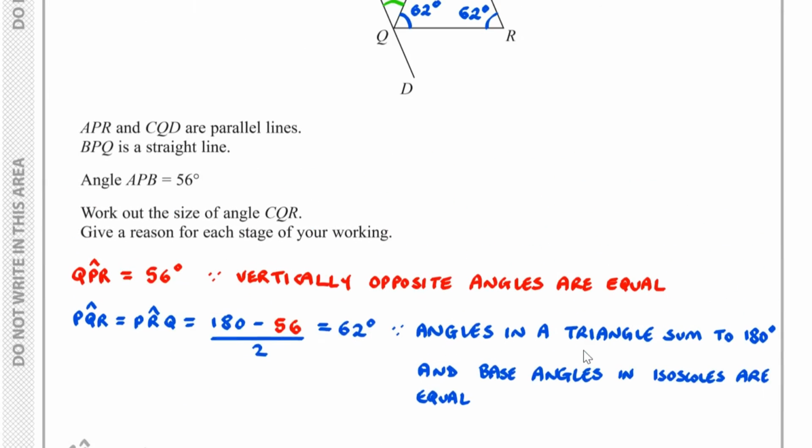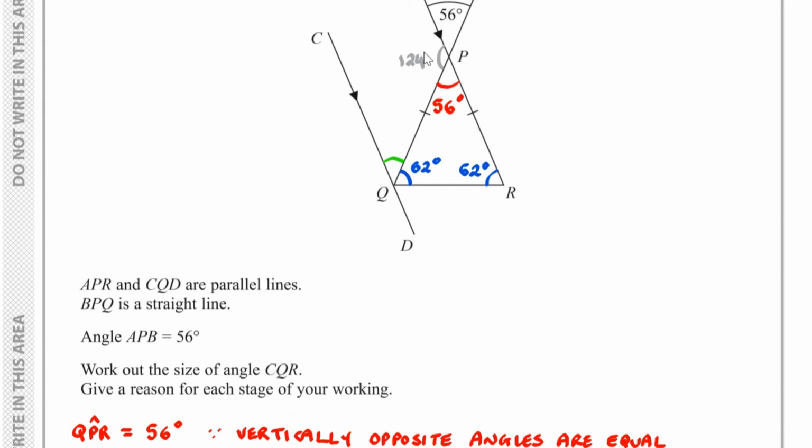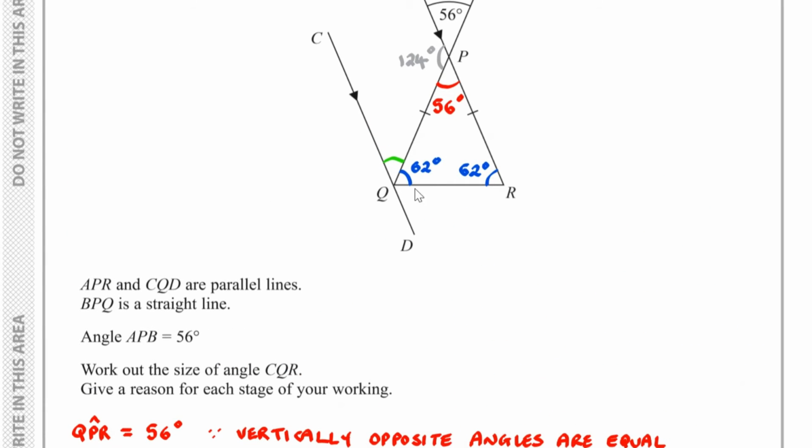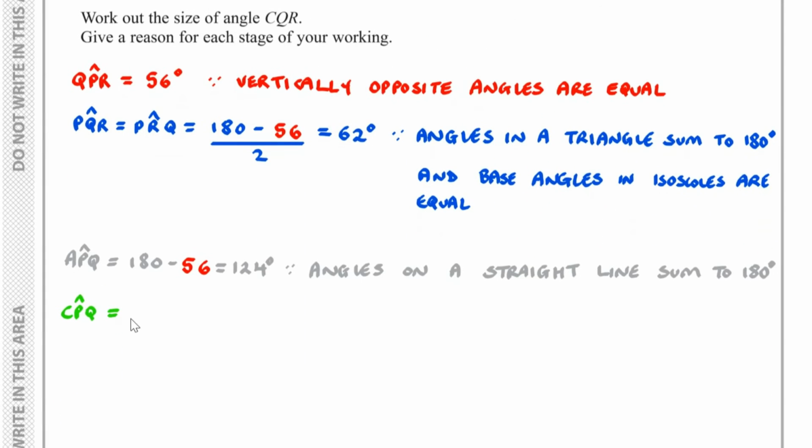So if this angle here is 124 degrees, I can find out what the angle CQP is. So the angle CPQ, that's equal to 180 subtract the 124, which is equal to 56 degrees.